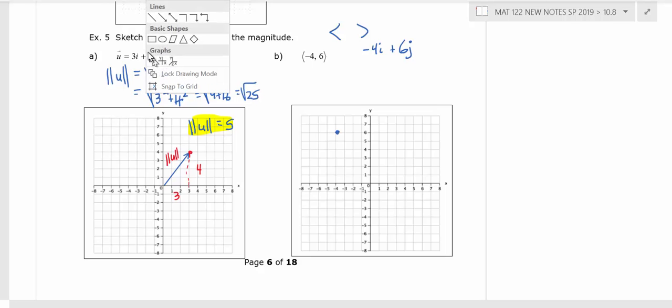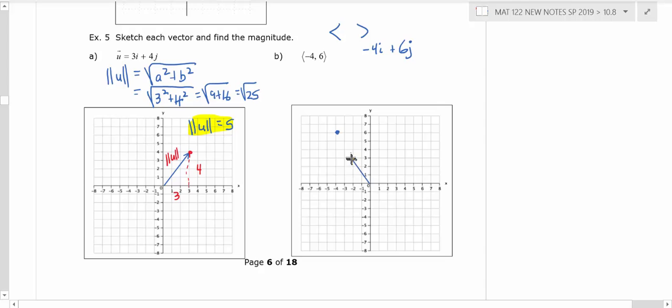Then we'll do the magnitude and represent it on here. Okay, so that would be my vector. Now that's sketched, this time we're going to say the magnitude of this vector, I'll call it vector u, is the square root of the first term, the a term, negative 4 squared, plus 6 squared.